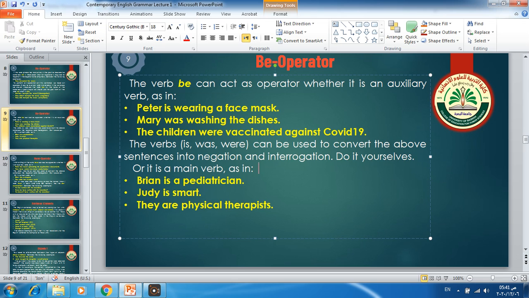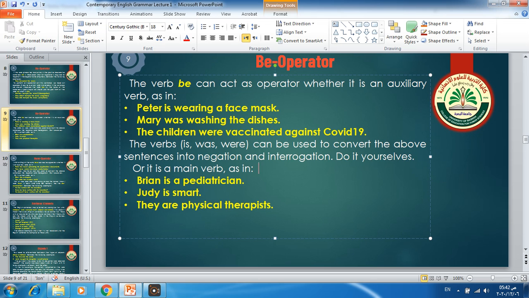So we say, for example, Brian is a pediatrician, Judy is smart, they are physical therapists. So in all these examples, the verbs is and are are main verbs because they are used here to show the relationship between the subject and the complement.